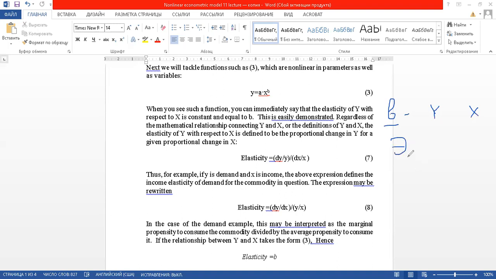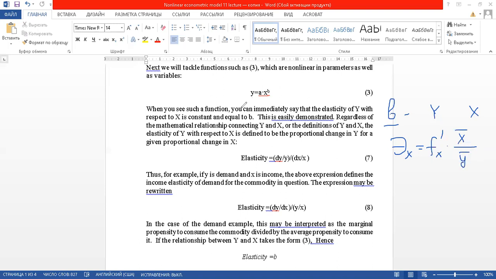So, for example, the formula of elasticity of y by x is the derivative of the function with respect to x times x mean divided by y mean.